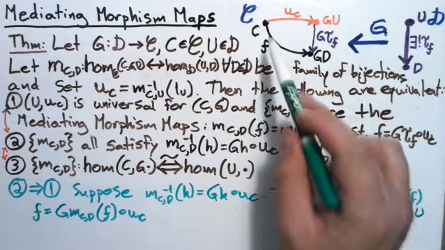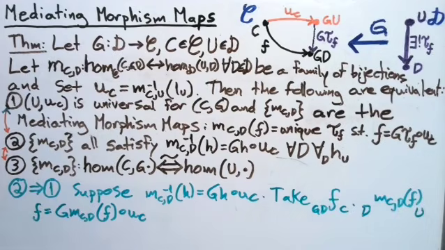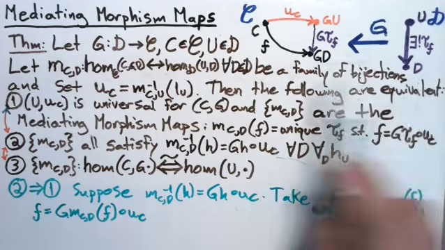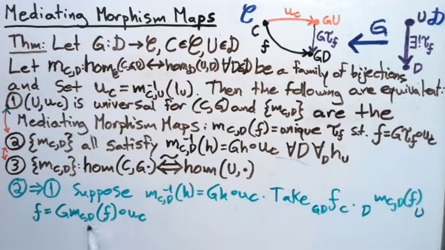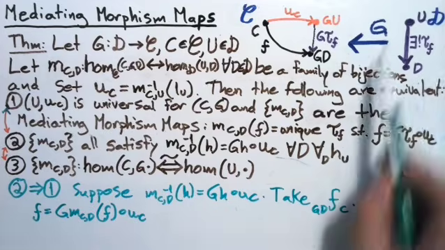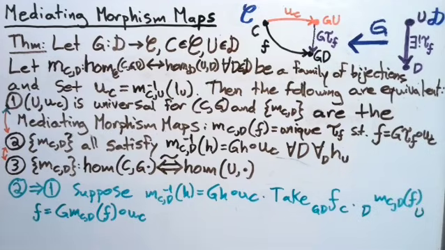We have F is equal to G of the image of F under our supposed mediating morphism. We don't know it's a mediating morphism yet, but M. So we have the commutativity property is satisfied, and we just need to make sure it's the only one where the image satisfies that, right?